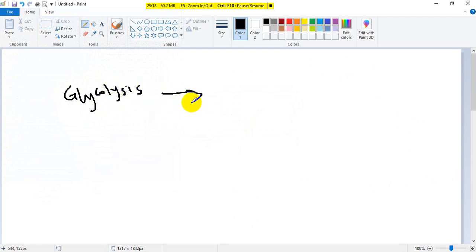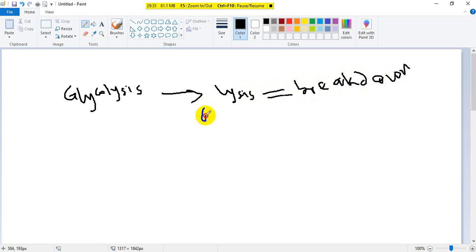So glucose breakdown, and lysis is breakdown. Anytime you hear glyco, as in glycoprotein, it's glucose or sugar. So glucose breakdown is called glycolysis.